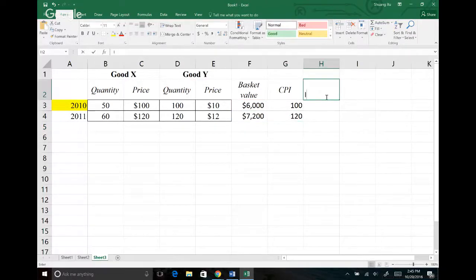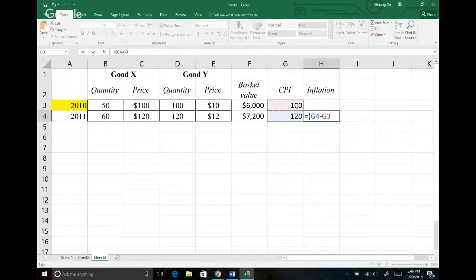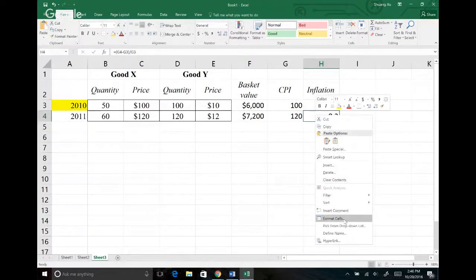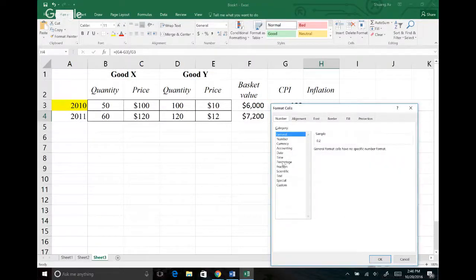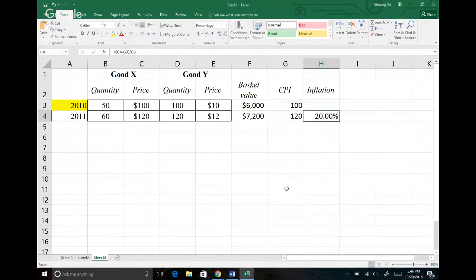And inflation. That will be 120 minus 100 and divided by 100. Inflation, again, this should be a percentage. So for my cell, percentage. So it's 20%. Okay, so that's your 2010 base year.